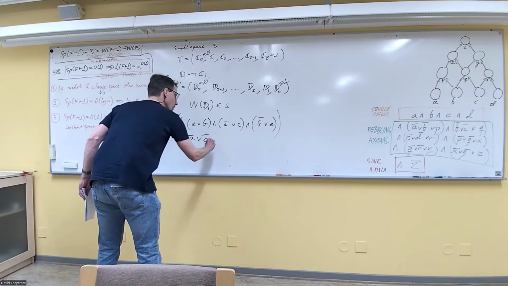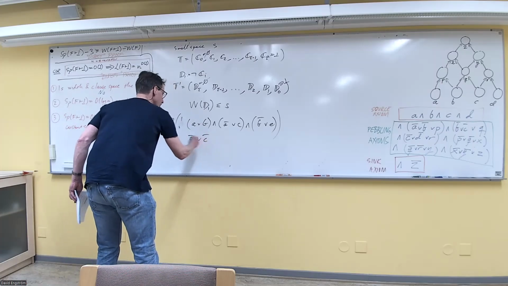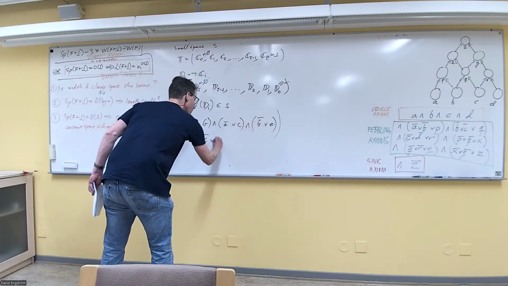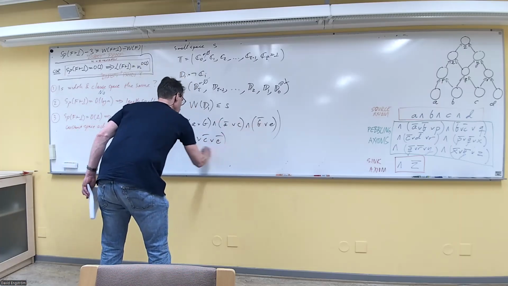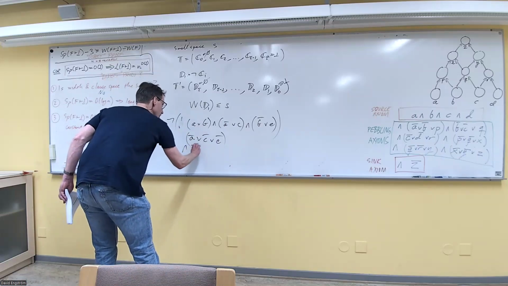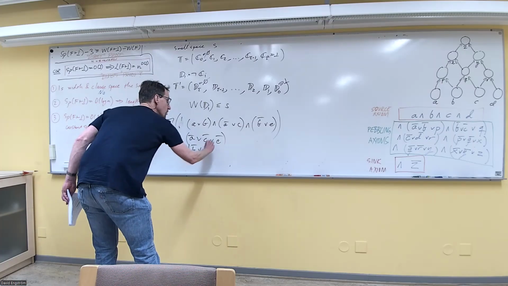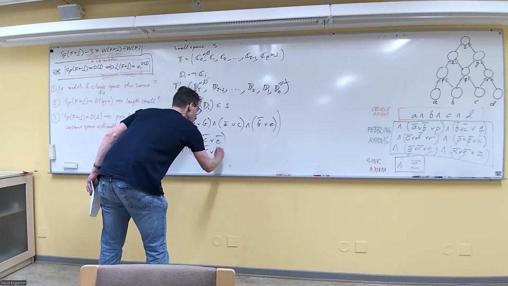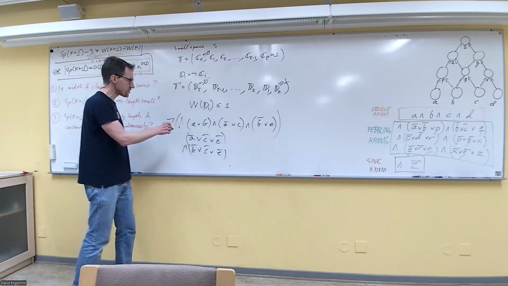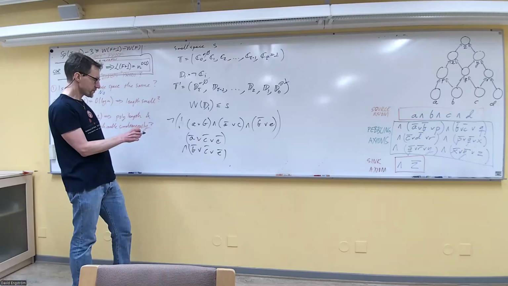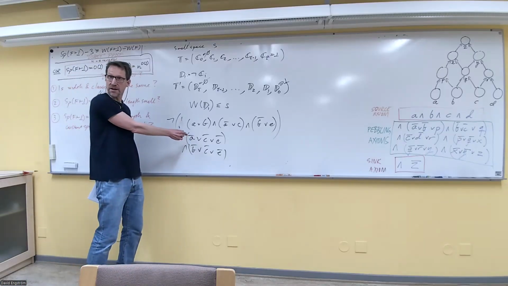Expanding. We're going to pick up clauses like this. And what else are we going to pick up? We're going to have not B or not C or not D, and basically all combinations saying that if one of these is false, because this is a way to satisfy the formula.